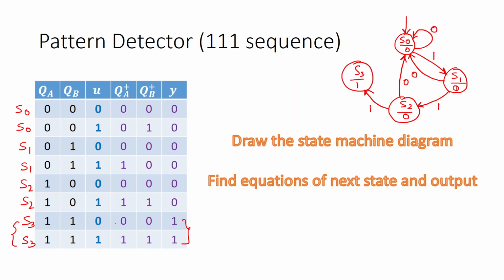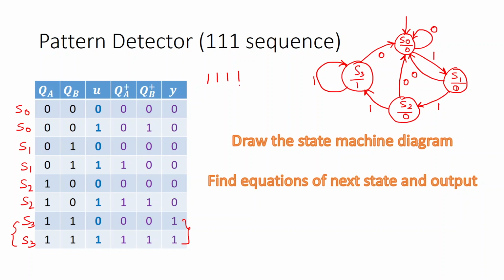And from S3, if you are having input 0, then you are going to S0. If you are having input 1, then you are remaining at S3. This is the case of continuous detection, mind it. So this is a case where 1 1 1 another 1 is detected, so you are continuously detecting.